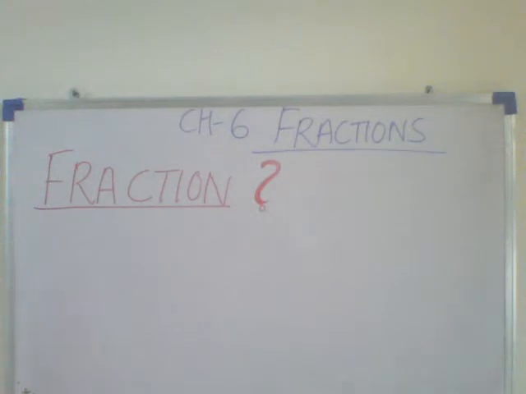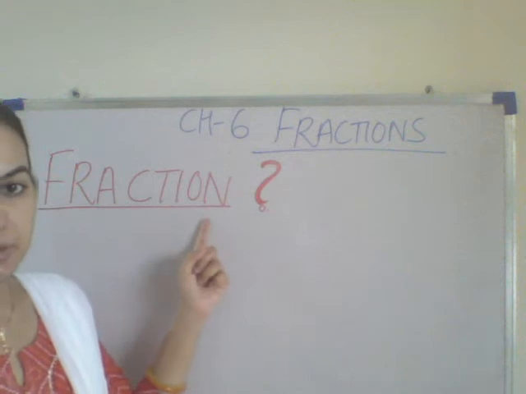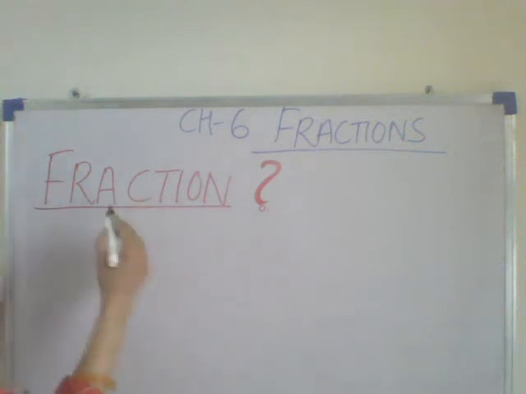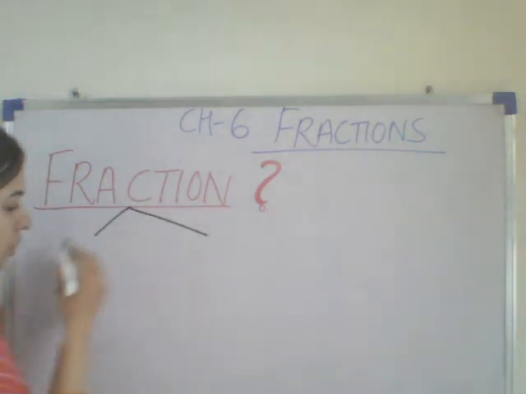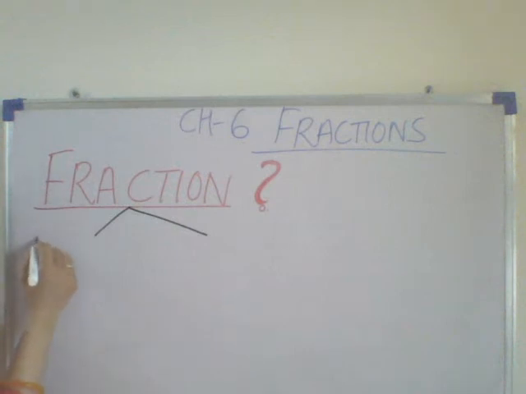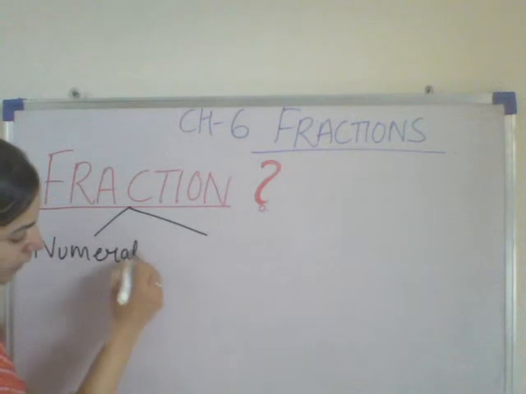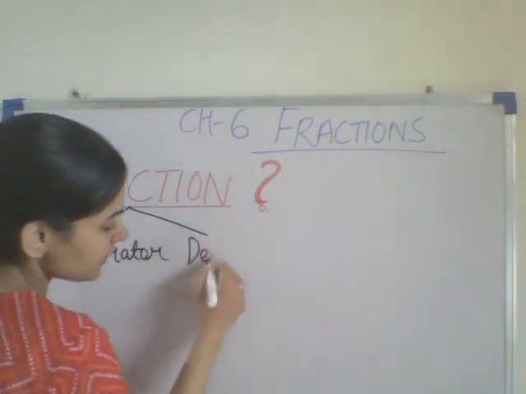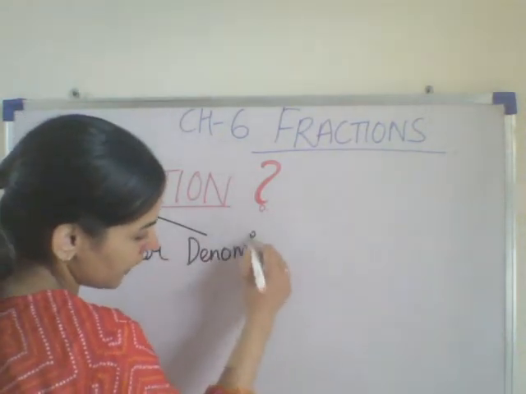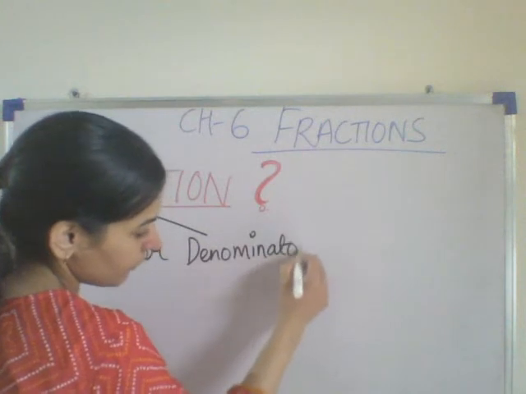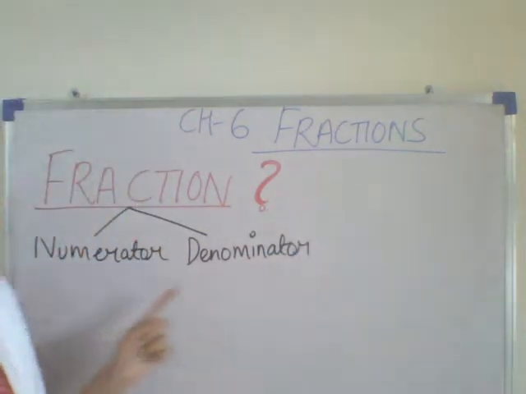A fraction is made up of two parts, numerator and denominator. So a fraction is made of two parts. One is called the numerator, and the other one is called the denominator. Now what are numerator and denominator?